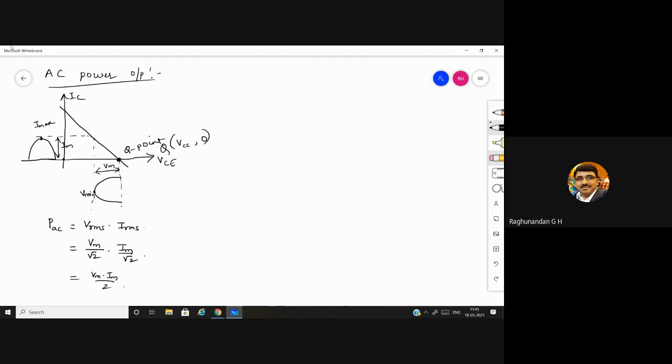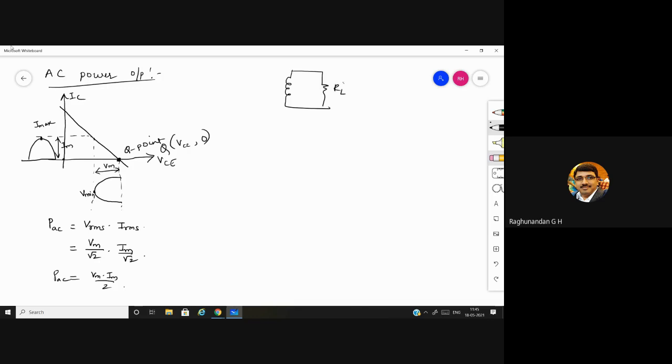In the same way as we did for the previous cases, the series fed class A amplifier and the transformer coupled class A amplifier, here also we have the transformer, and the transformer is connected to the load resistance, connected like this, right?